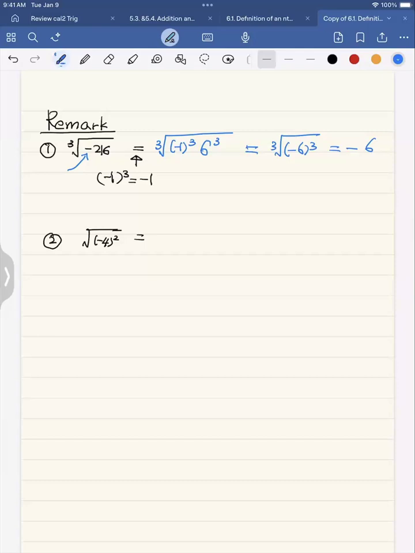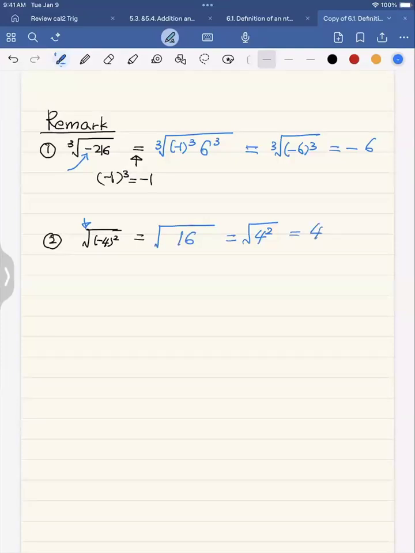When we compare that with this square root, in this case, we calculate first, then we know that negative 4 times negative 4 is 16. And then the square root of 4 squared equals 4.